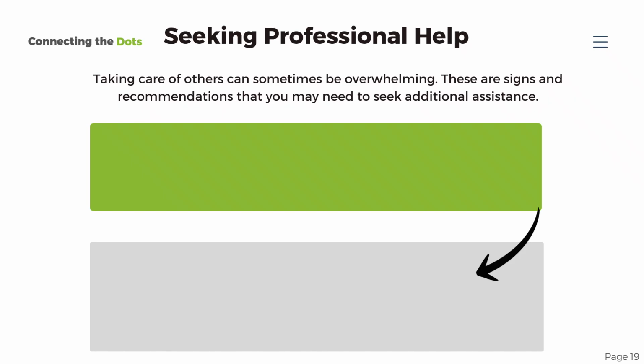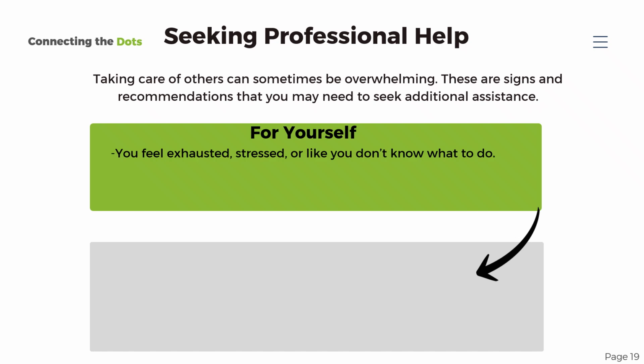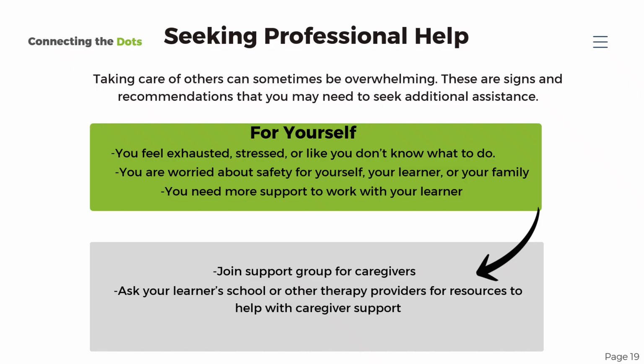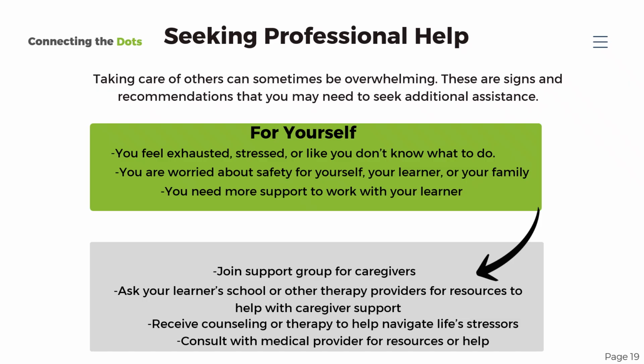If you notice that you are feeling exhausted, stressed, or like you don't know what to do, you are worried about the safety for yourself, your learner, or your family, or you feel the need for more support to work with your learner, it may be beneficial to join support groups for caregivers, ask your learner's school or maybe other therapy providers for more caregiver support resources, receive counseling or therapy to help during life stressors, or consult with a medical provider for other resources to help.